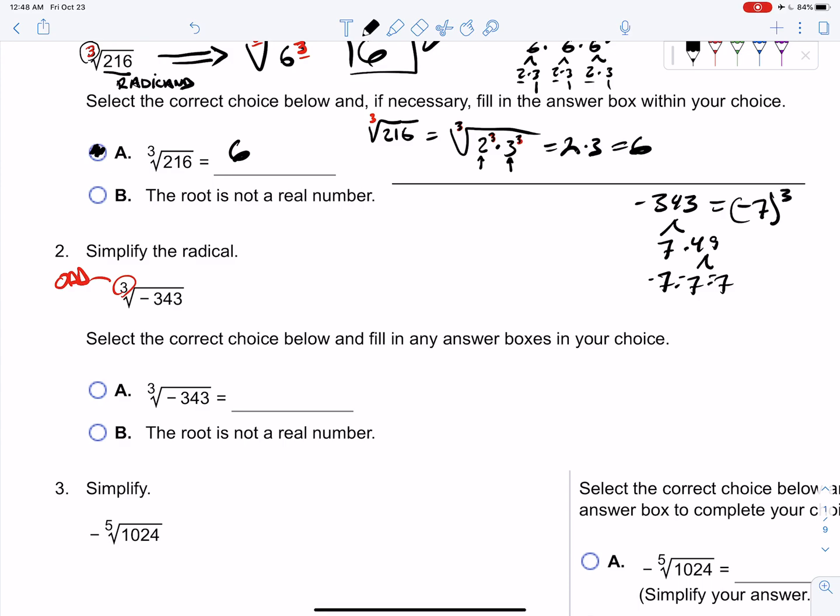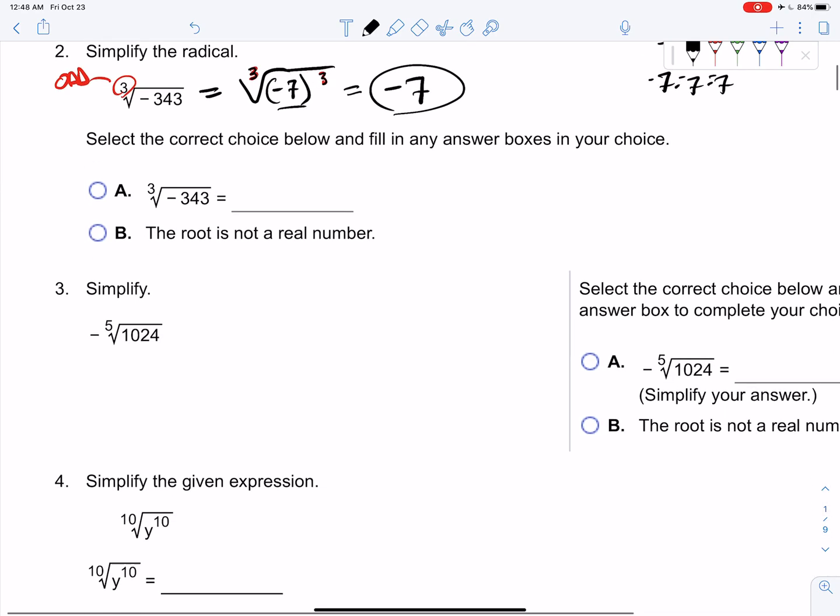So I can actually rewrite this as the cube root of negative 7 in parentheses raised to the third power. Now once again, the power of 3 is matching with my index of 3, so out comes that base of negative 7. And when we have odd indices, we don't take the absolute value of it, and so the answer is just negative 7.